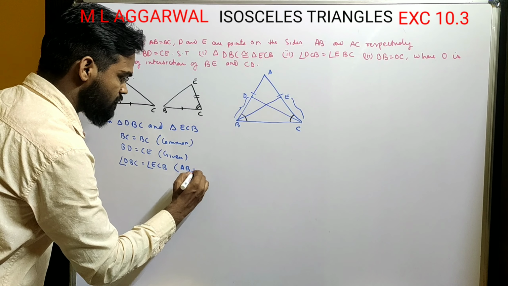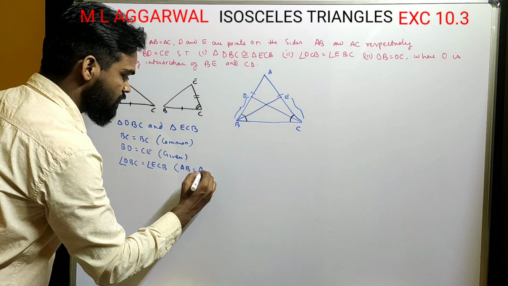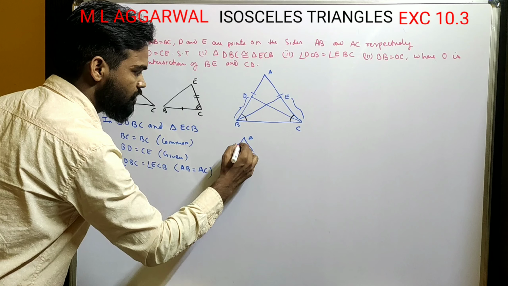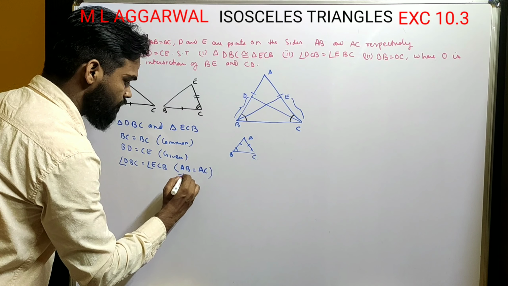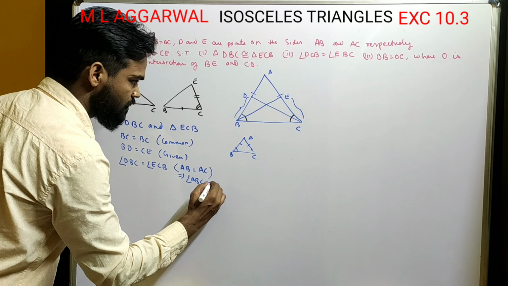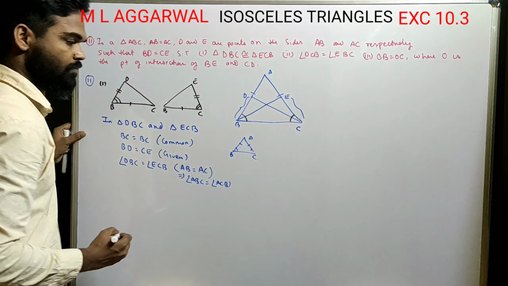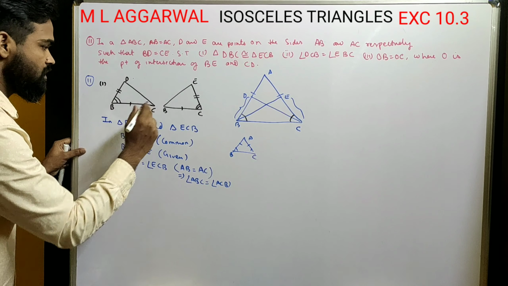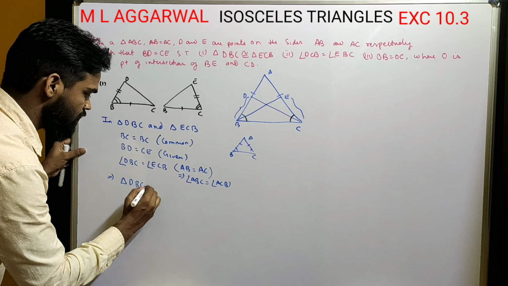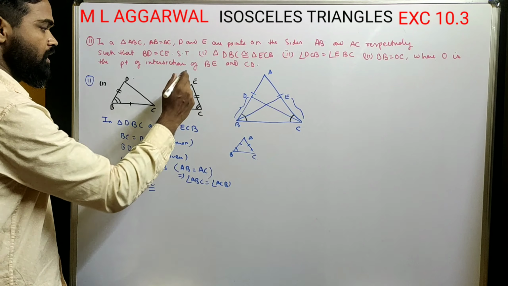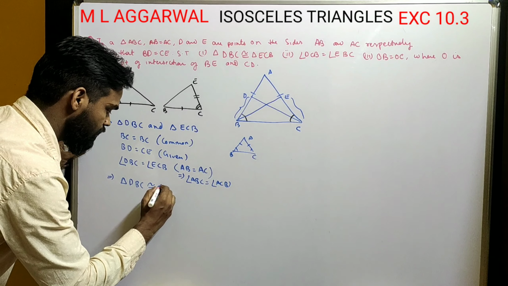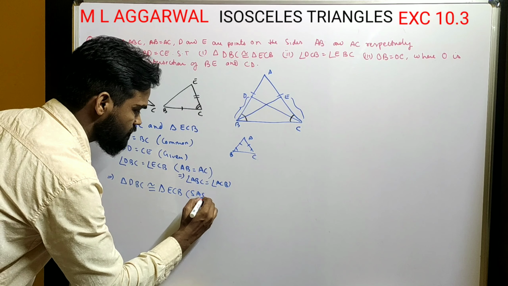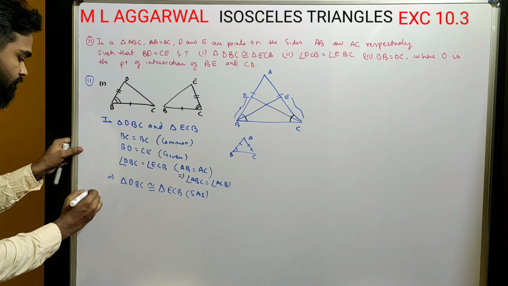Because AB is equal to AC. I'm talking about the bigger triangle ABC, and if these two sides are equal, these two angles are equal, which implies angle ABC is equal to angle ACB, which implies triangle DBC is congruent to triangle ECB, and the result is what? Side angle side. Done the first part.